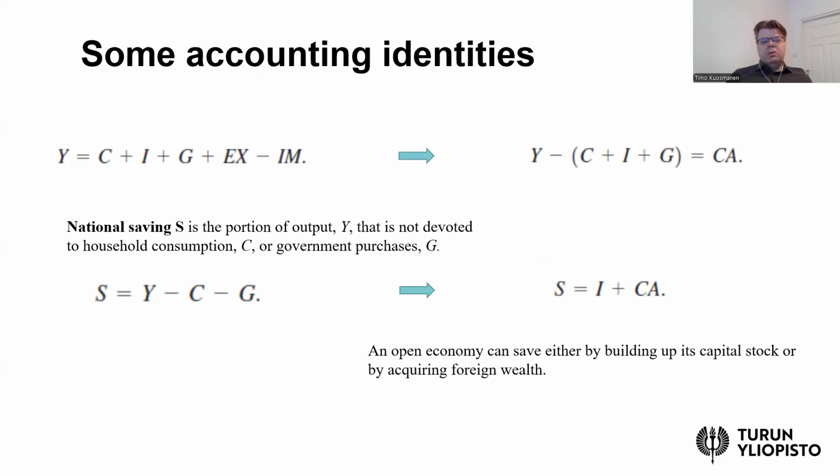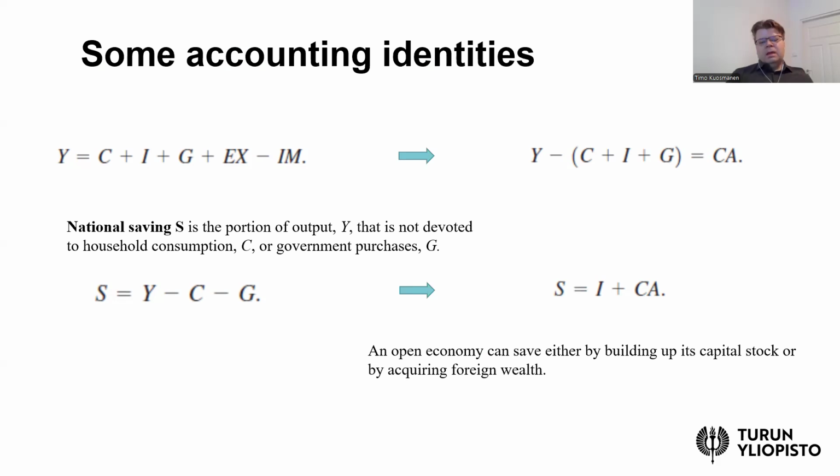Notice first that if we take the current account from this accounting identity of the GDP, we can see that current account can be written as the difference of the total output Y and the domestic consumption, investment, and government expenditure.